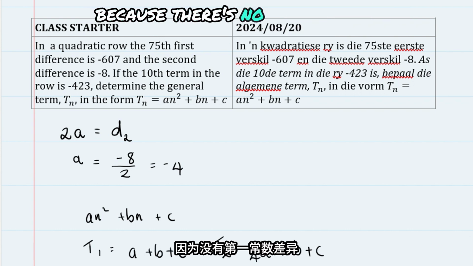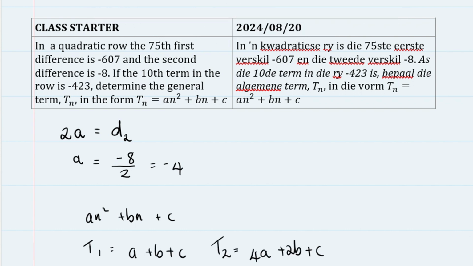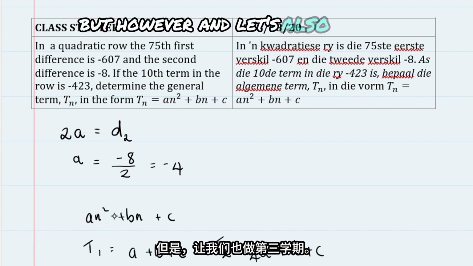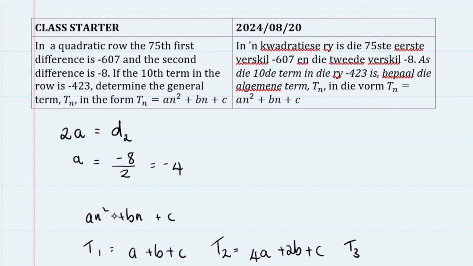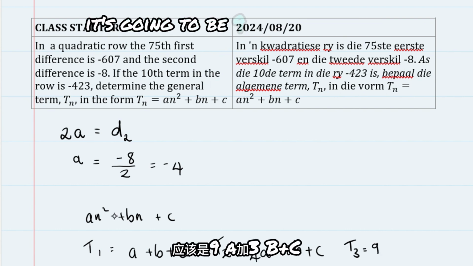Because there's no first constant difference. But let's also do term 3. Term 3 is going to be 9A plus 3B plus C.